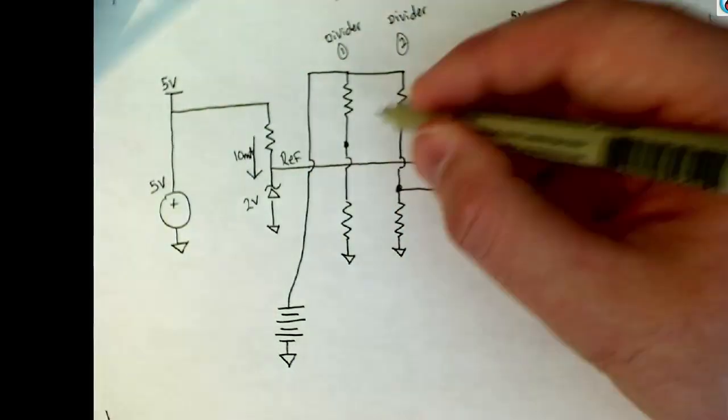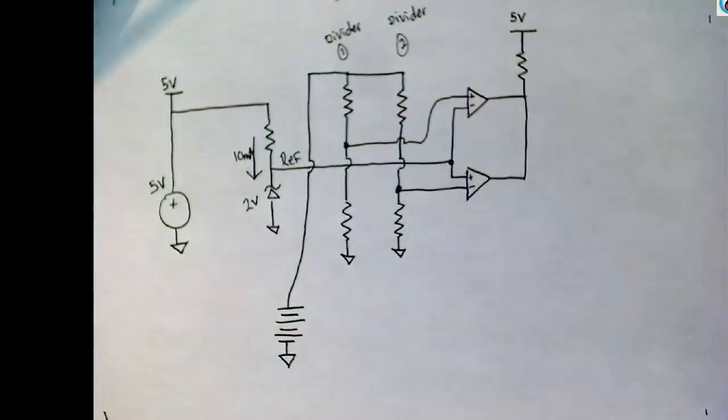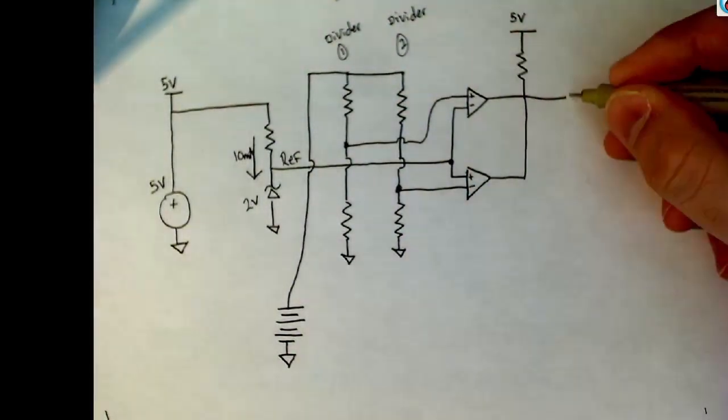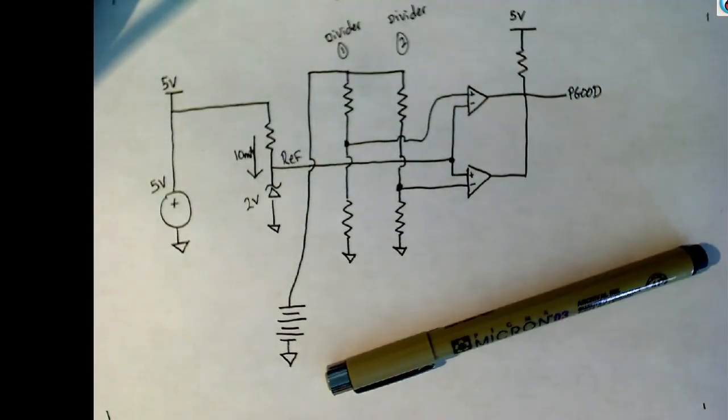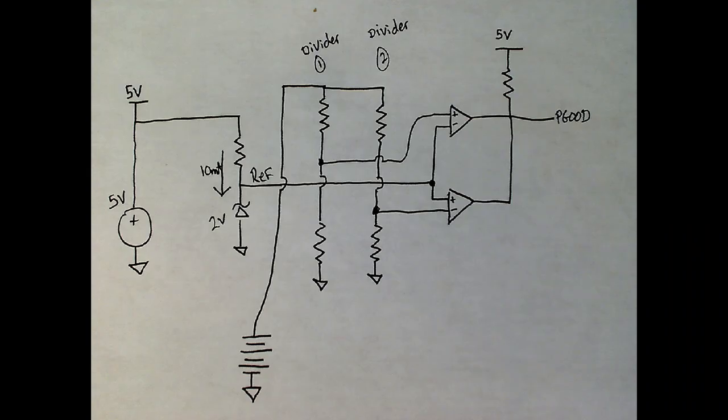For these dividers, I would recommend something like 10K for the bottom value, and then whatever value works out to the threshold on top. And you're going to want to use precision resistors for those dividers. And that pull-up resistor, that can also be a 5%. And there you have it. That is a relatively simple window comparator circuit.